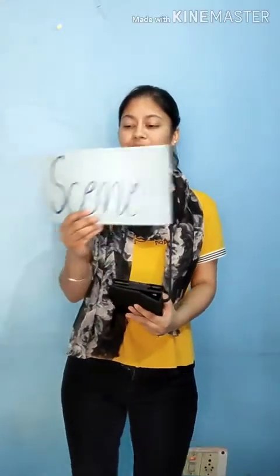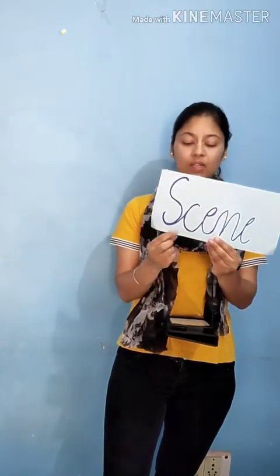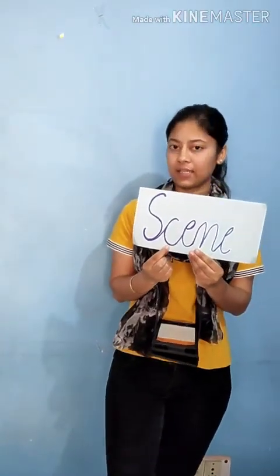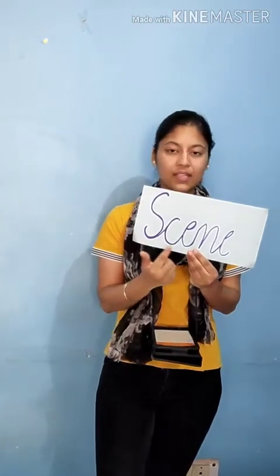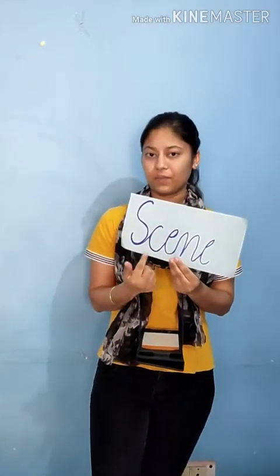As you have read this word, in this word the letter C was silent and we read this word "seen." So let's see a video. When you see the video, you have to listen carefully, learn how to pronounce the words, and repeat the words as you hear them in the video.